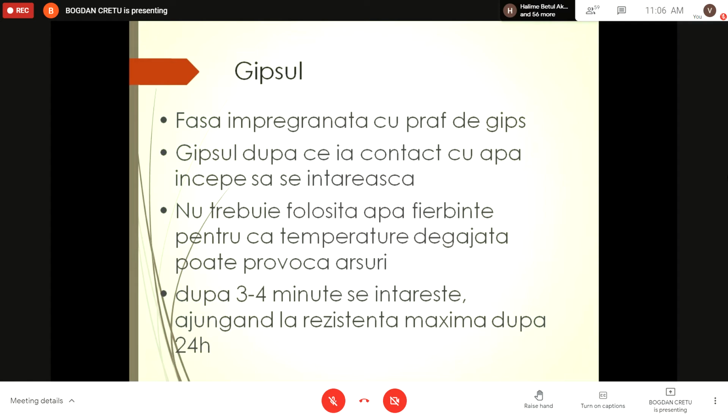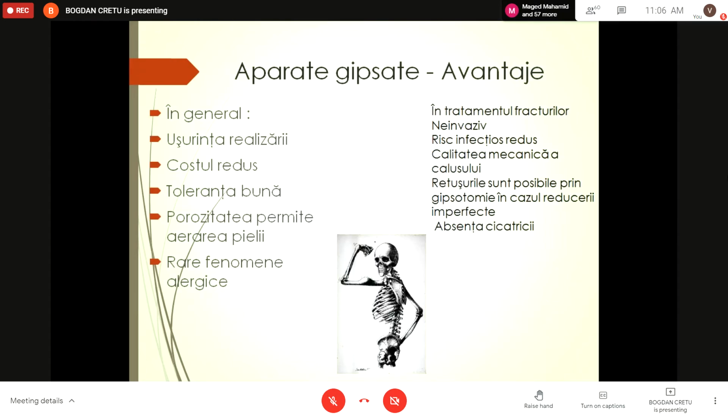It's forbidden to use hot water because the gypsum in contact with water gives high temperatures. After 3-4 minutes, it hardens, getting to a maximum resistance at 24 hours.